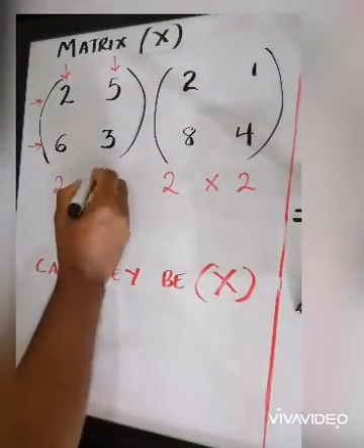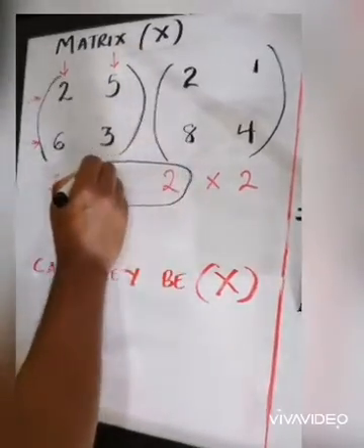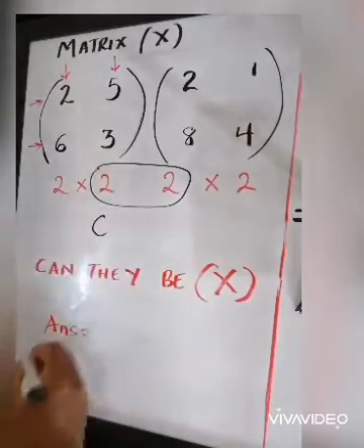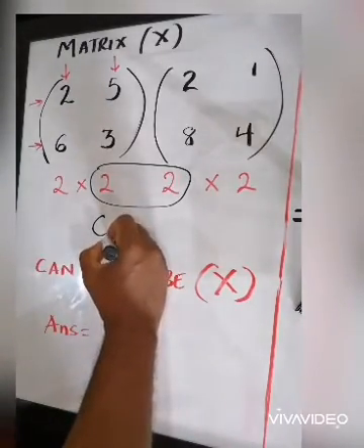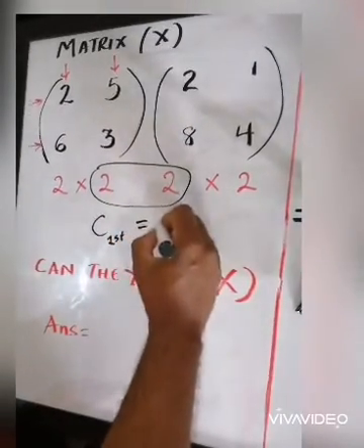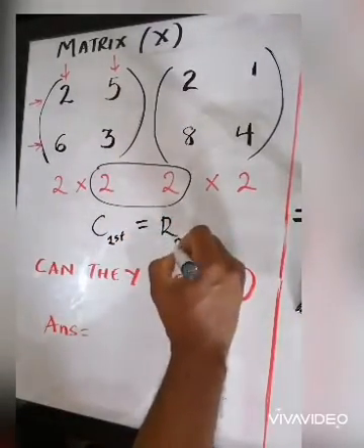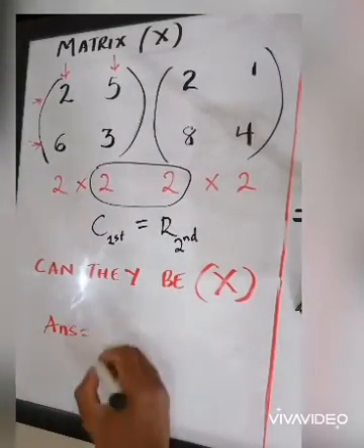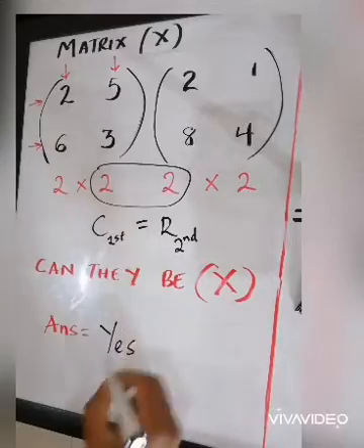Once we see that these numbers here are the same, what that means is that the columns of the first matrix is equal to the rows of the second matrix. Then the answer is yes, they can be multiplied.